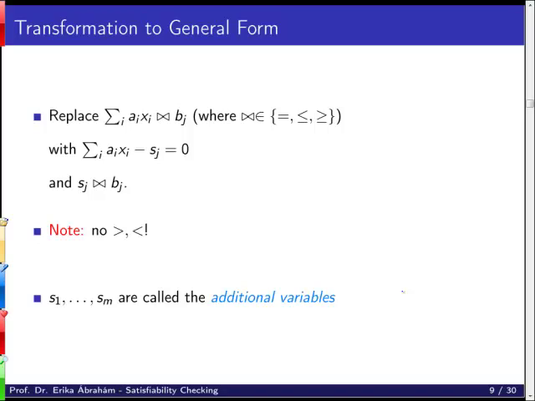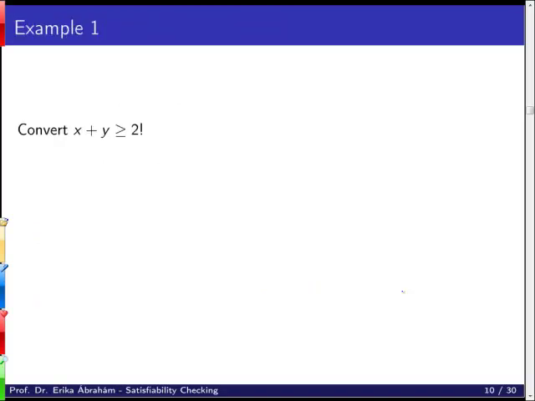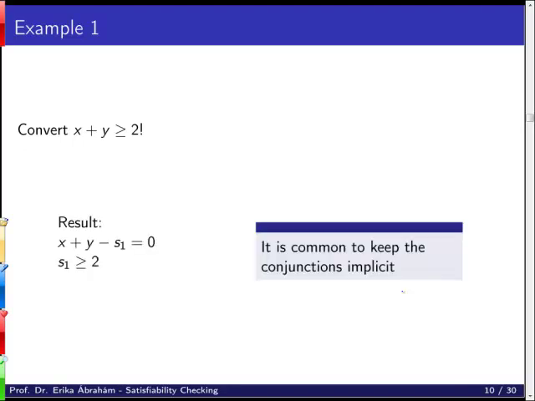Remember, we do not have strict inequalities, and these new variables are called additional or dependent variables. So what do I do if I have this inequation? The term x plus y, its value will be stored in the new variable s. So x plus y minus s1 equals 0. Note that this equation is exactly s1 equals x plus y.